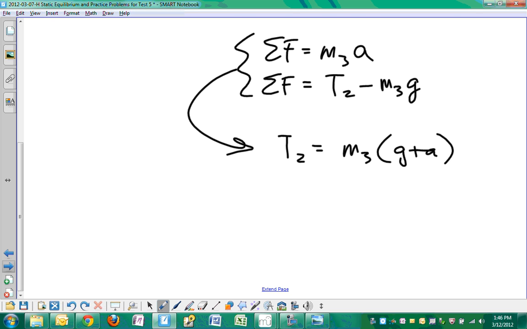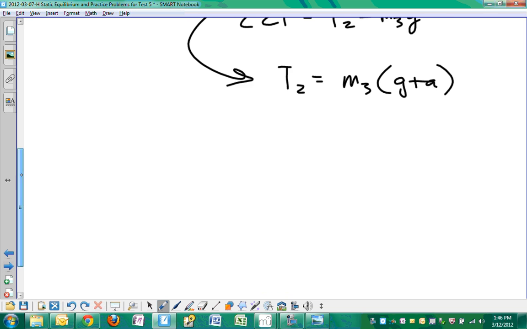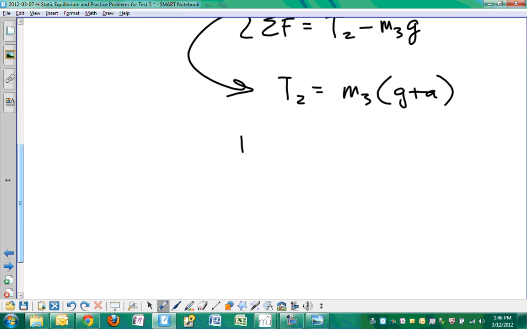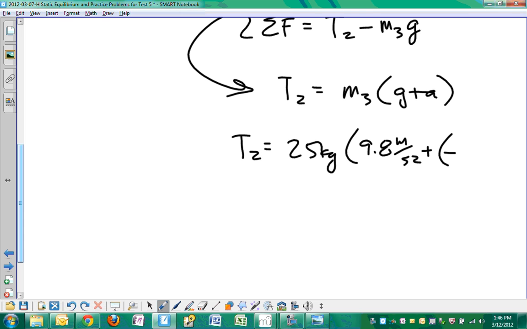Okay? So now we just plug in the numbers that we know. T2 we don't know. That's what we're looking for. M3, 25 kilograms. G, 9.8 meters per second squared. A is, right, negative 0.6 meters per second squared. You could do that, or you could just say minus in there.